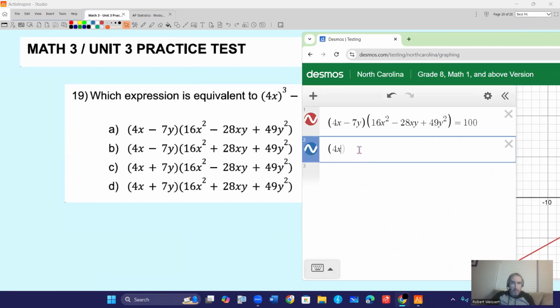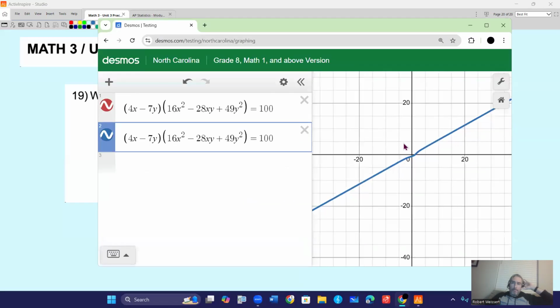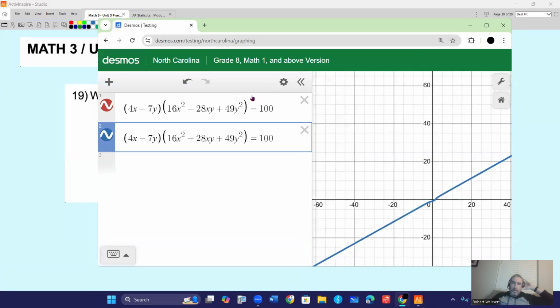4x minus 7y, parentheses, 16x squared minus 28xy plus 49y squared. And remember, we should close those parentheses and set it equal to the same number as above. Now, when I do that, I'm not seeing anything.